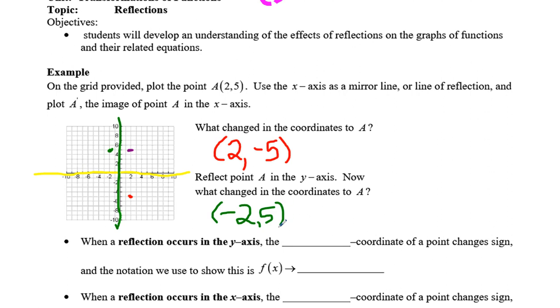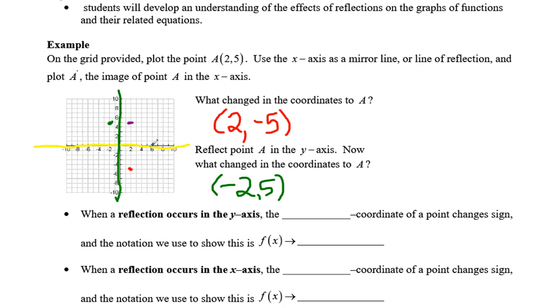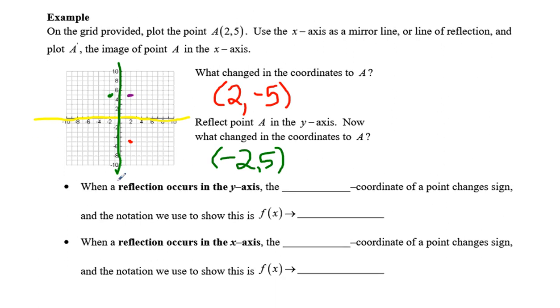Boom. So what does this mean? When you reflect in the x-axis, you change y's. When you reflect in the y-axis, you change x. So, hey, maybe I've just answered some of these questions. When a reflection occurs in the y-axis, it is the x coordinate that changes signs.